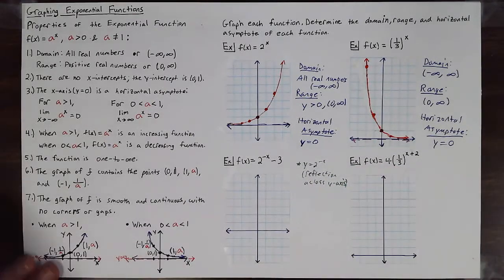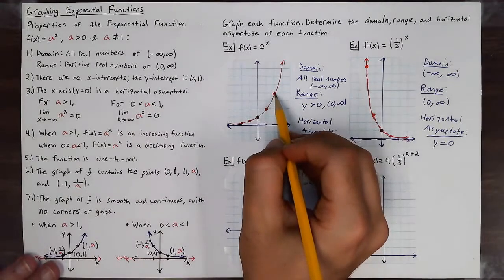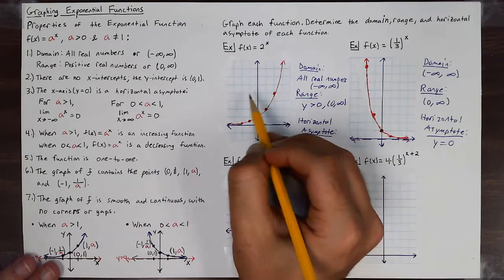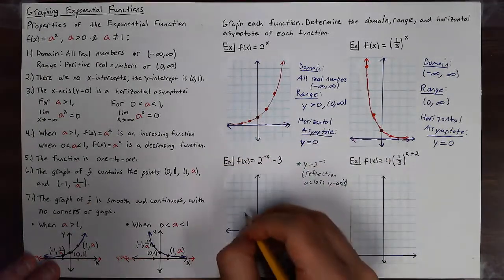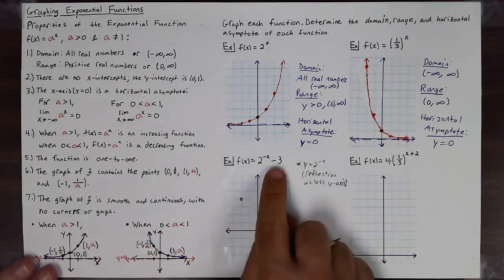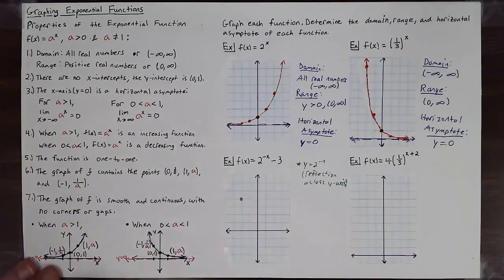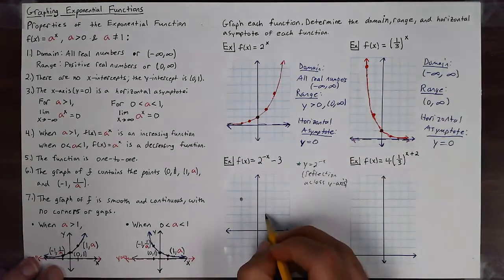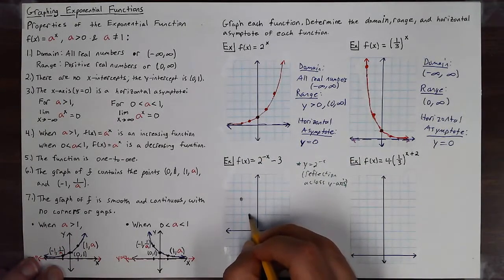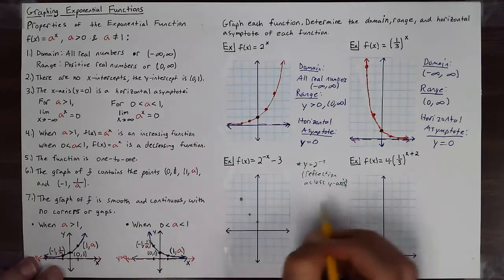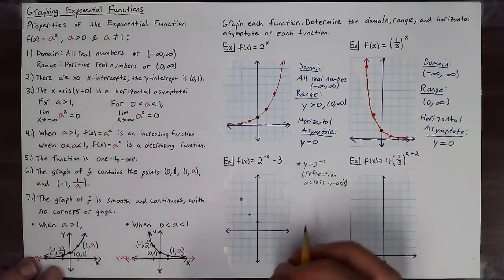So every point that would be on one side of your graph will be reflected. So at 2, 4, I now have a point at -2, 4, which I'm putting in pencil because I still have to incorporate that -3 later. Then the point at 1, 2 is now at -1, 2. The point at the y-intercept stays at the same spot because you can't reflect the point on the y-axis across it.